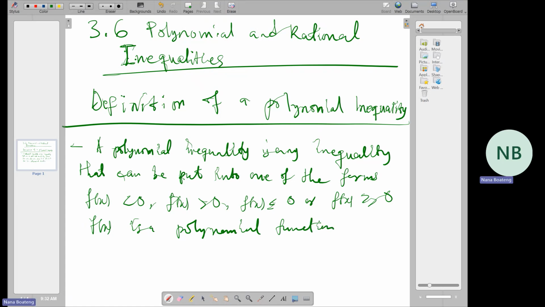So a polynomial function that involves an inequality sign, whether less than, greater than, less than or equal to, or greater than or equal to, is a polynomial inequality.